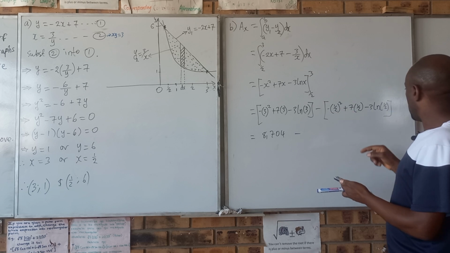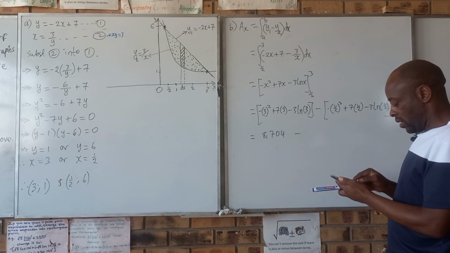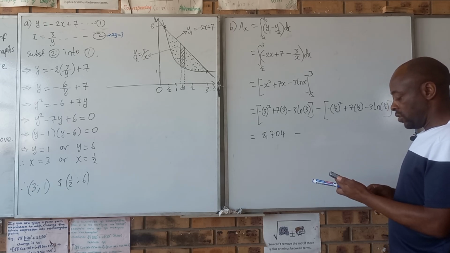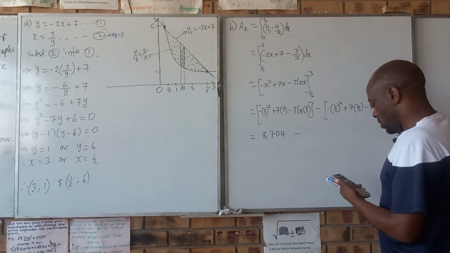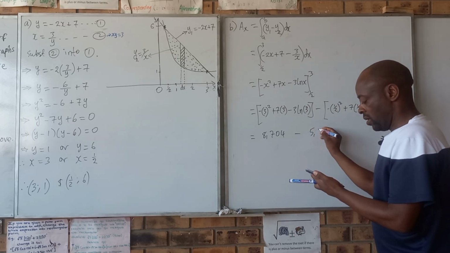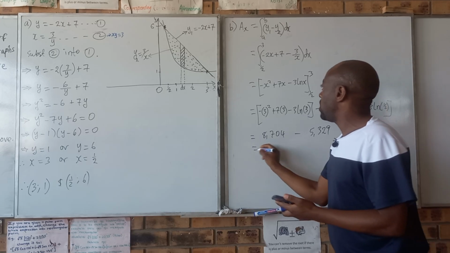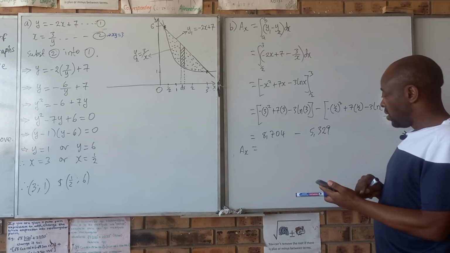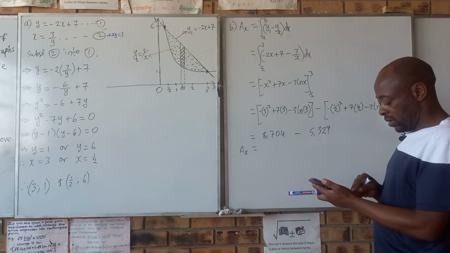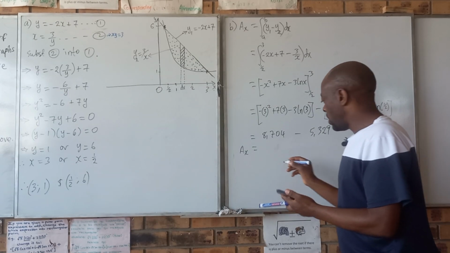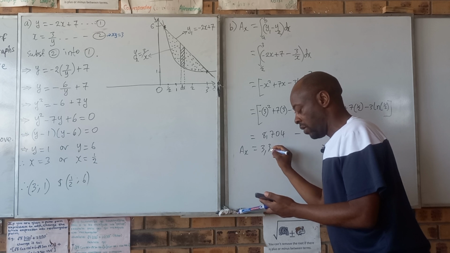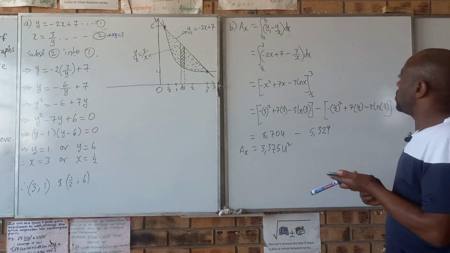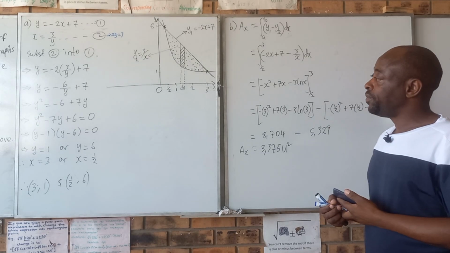If you do that, then minus 3 ln of a half is 0.5. So the second bracket gives us 5,329. If I do this simplification, then I will see my area. So minus 8,704, my area is 3,375 units squared. So that's how simple it is to get our area in this situation.